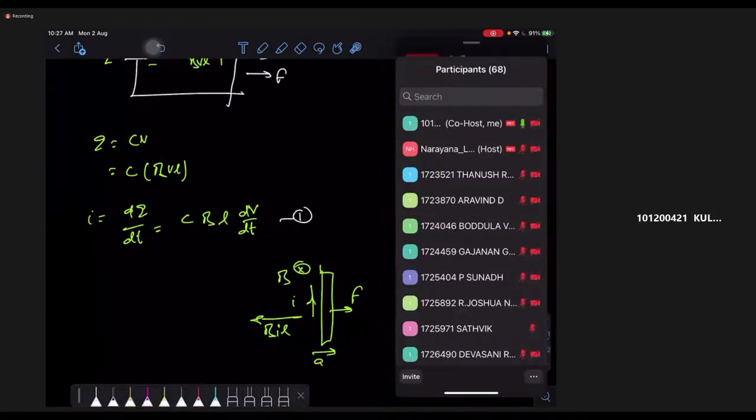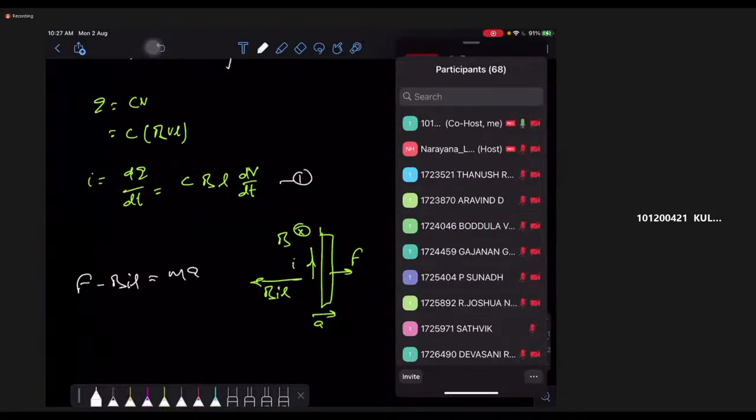And what does Newton say? Newton simply says that the total force gives me the acceleration. Total force F is coming from the external, BIL is coming from the magnetic force, equals to MA. But what is the current? Current you get from differentiating the charge. We don't have a resistance here now.